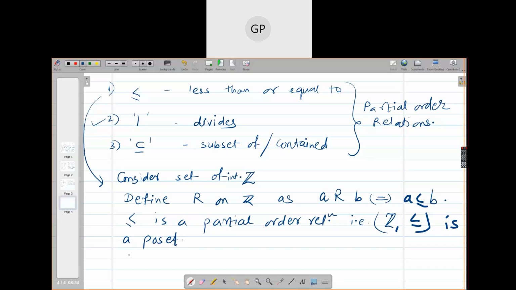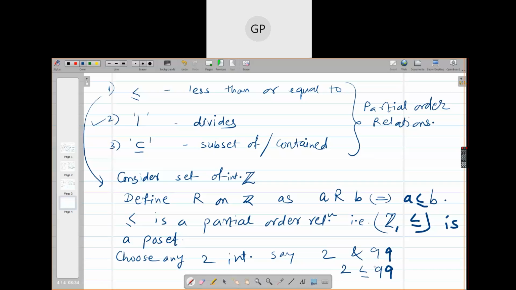Now you pick up any 2 integers. Choose any 2 integers. Say 2 and 99. So what is the relation between 2 and 99? Tell me. 2 is less equal 99 है या नहीं?